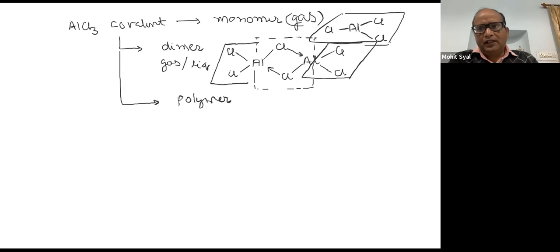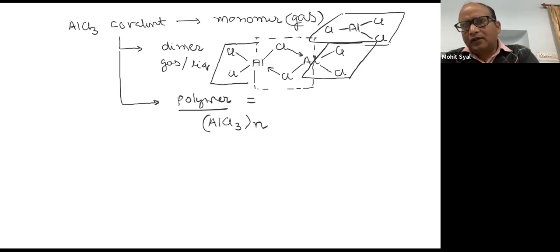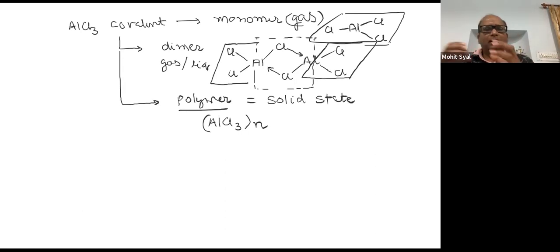So it can have a polymeric structure also in the same way. Other AlCl3 molecules can join together and form a polymeric structure, and we can write it as (AlCl3)n. And this polymeric structure is going to exist only in solid state, because in solid state they join together and the forces are very high.